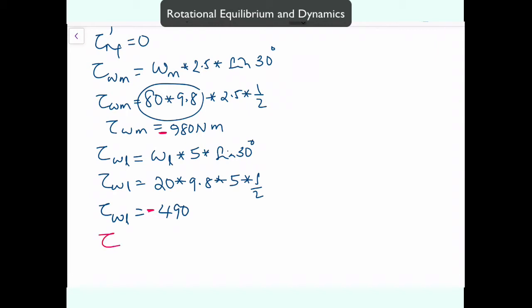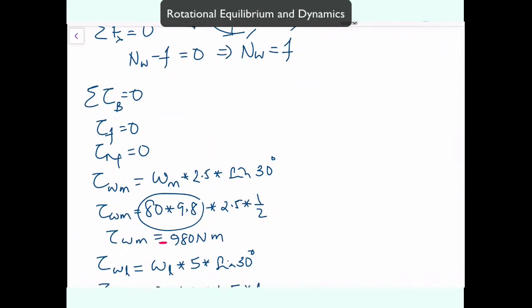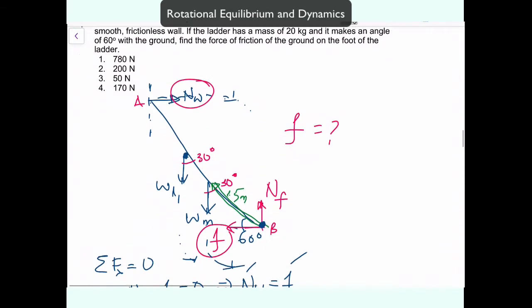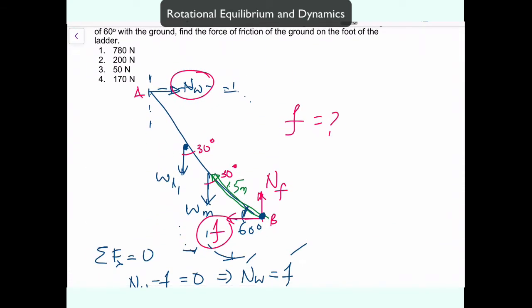Now the torque created by the normal force on the wall. We don't know the normal force on the wall, and then multiply that by the lever arm, which is 10, and then find the angle. What is the angle between? If this is 60 degrees, then this will automatically be 60 degrees as well by alternate interior angles.